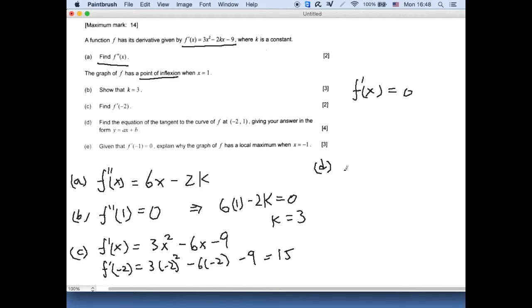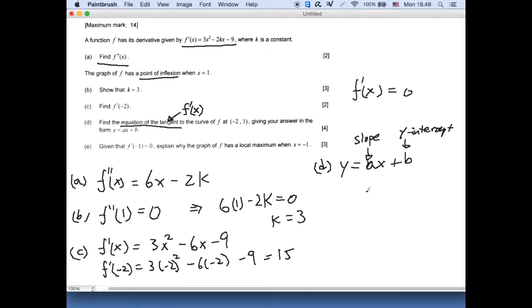And then find the equation of the tangent to the curve. Whenever you deal with the equation of a tangent or the equation of a normal, you need to figure out the slope, which is just f prime x. Here we have the equation of the tangent to the curve f at negative 2, 1. So literally it means that the slope, which in the question is written as ax plus b, means a is the slope and b is the y-intercept.